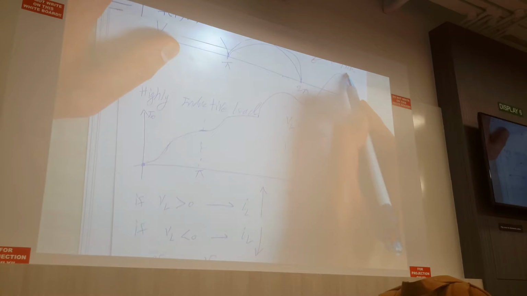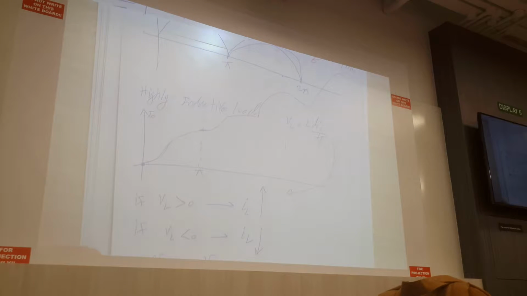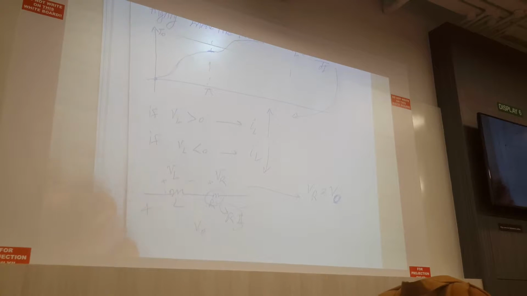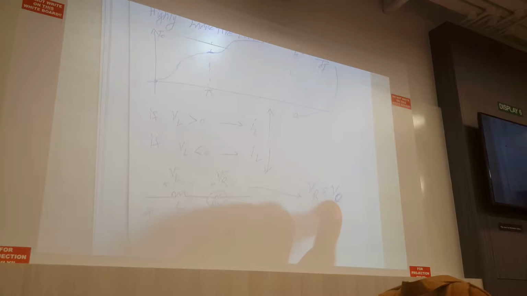After some time, the current will become very high. Therefore, the voltage drop on this resistance, which is equal to Ri, will become large. Once it becomes large, VR becomes equal to VO.